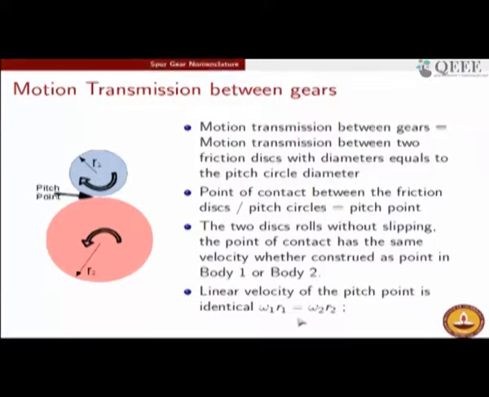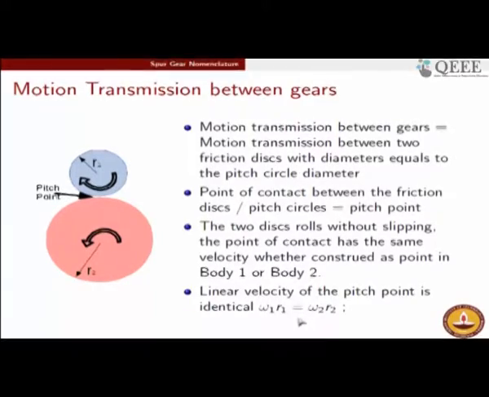But please note that a gear transmission system is a positive drive system as opposed to a friction disc system. What I mean by positive drive system is that one member is pushing the other member to move, whereas in a friction disc the principle of operation was based on a no-slip condition. The friction is tying the two members together and ensuring that there is no relative motion possible between the two members.